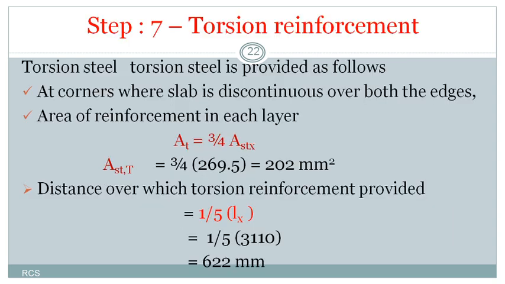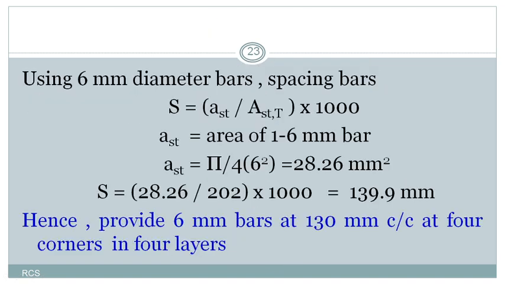LX is the effective span, that is 3110, so we provide it over a distance of 622 mm in both X and Y directions. The area of steel provided is 202 mm square, which must be provided in 4 layers at corners with discontinuous edges.